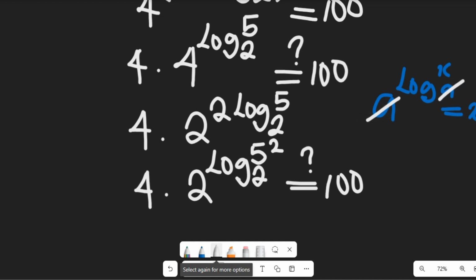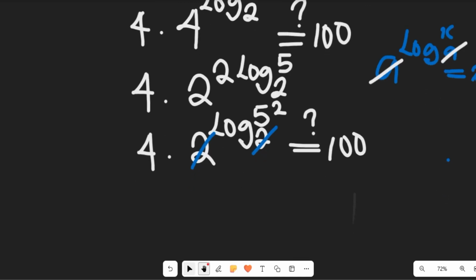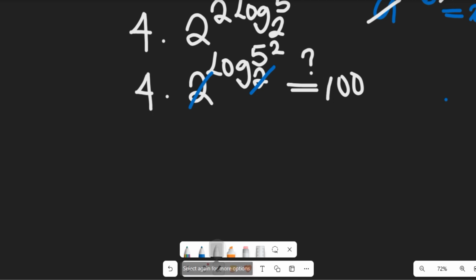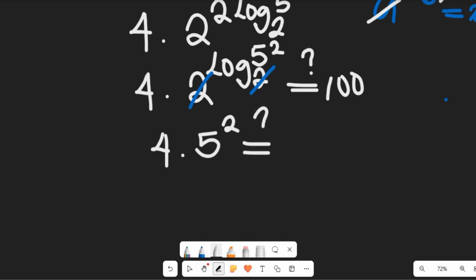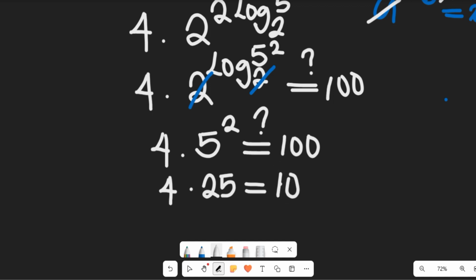So if we apply it here, 2 will have to cancel out 2, and then from that whole expression we're going to have that value to be 4 multiplied by 5 to the power of 2, and will it be able to give us 100? 5 to the power of 2 is 25, right? So this is multiplying 4. 25 times 4 is simply going to give us 100.